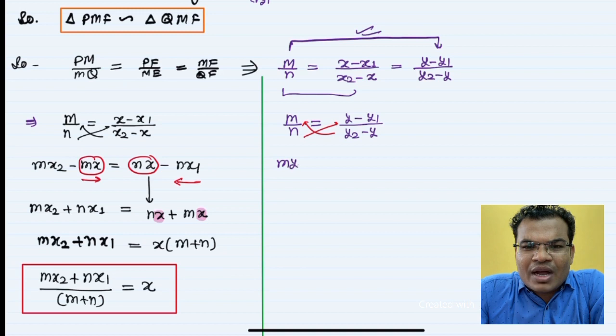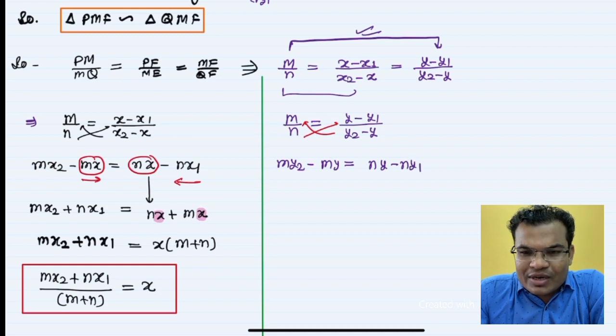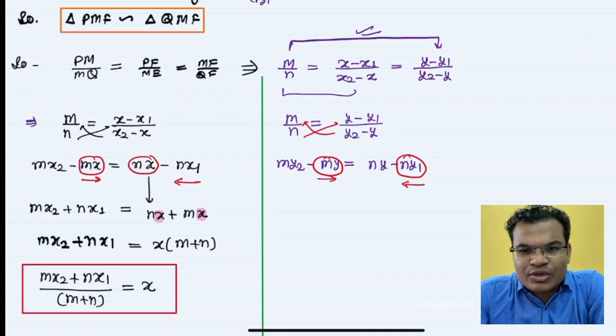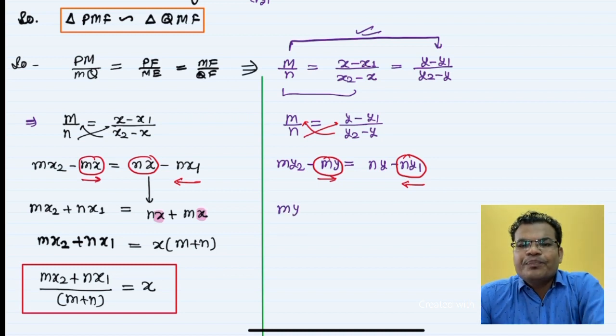So m y2 minus m y is equal to n y minus n y1. Again the same story repeats as on the left hand side: my goes to the right hand side and ny1 goes to the left, as like terms go together.